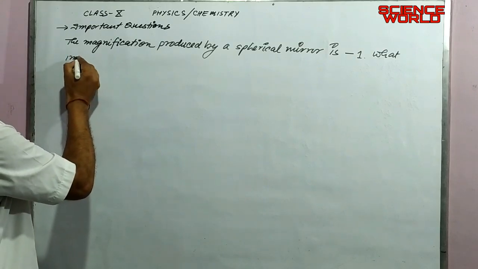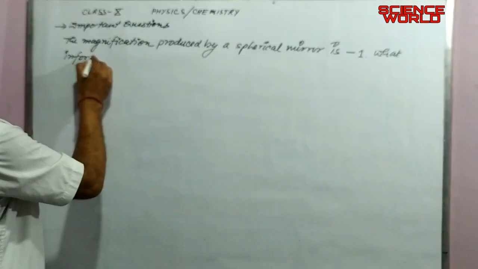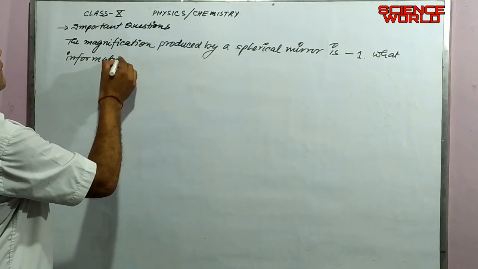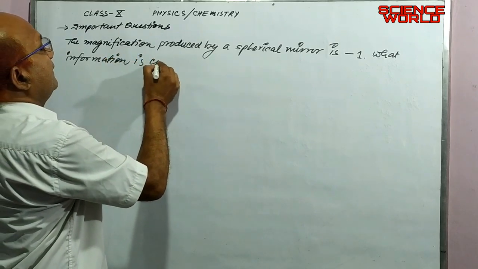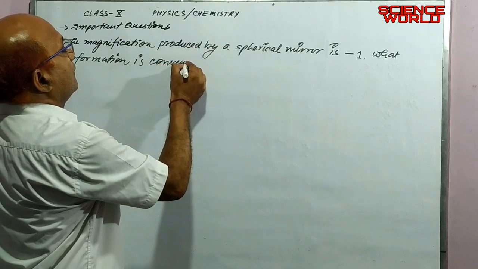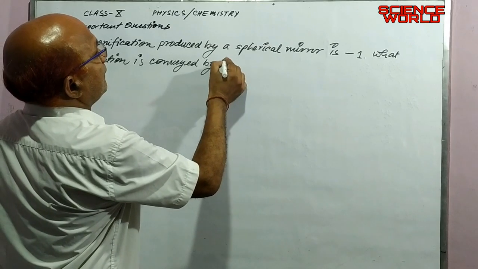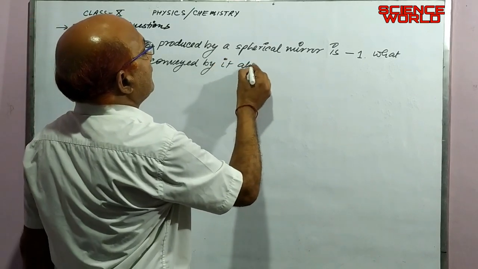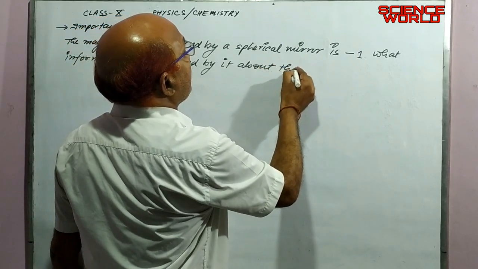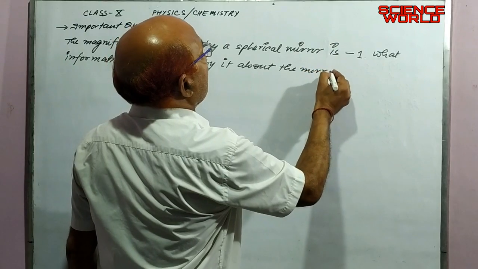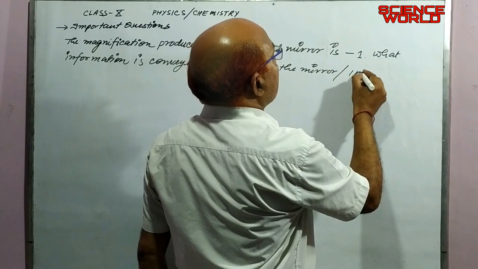What information is conveyed by it about the mirror oblique image?